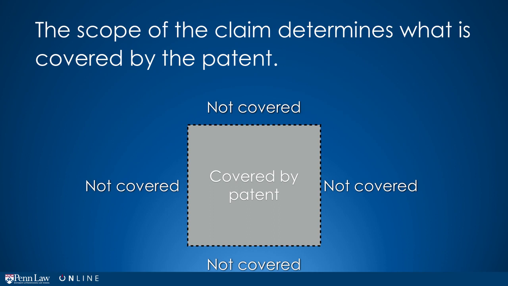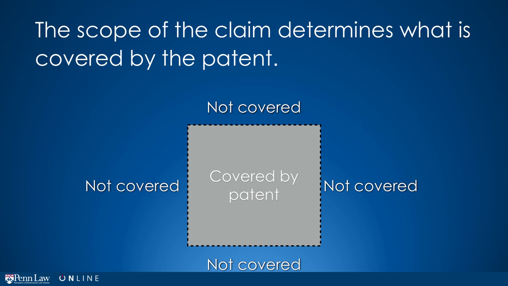And that is how the scope of the patented invention is defined entirely by the patent claims. And so the scope of the claim determines exactly what's covered. So if it's inside the box, inside the scope of the patent claims, it's covered. And if it's outside it, it's not covered.